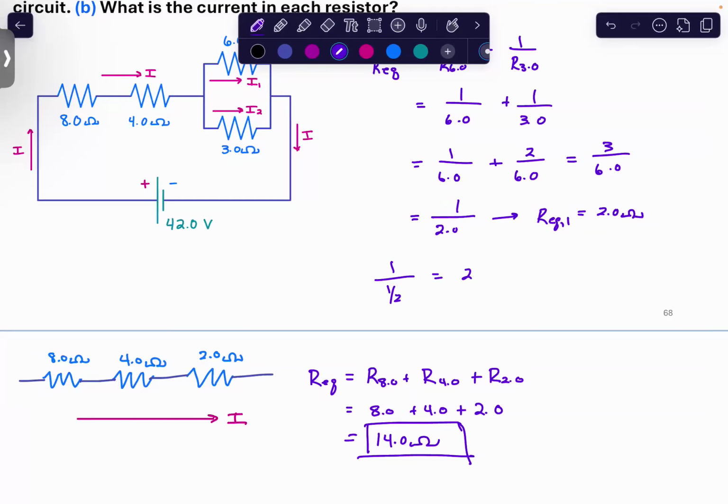Yeah, that's what you're doing. When you invert a fraction, you flip it upside down. You can also compare the two sides. So if they both have the same format, the resistance equals 2.